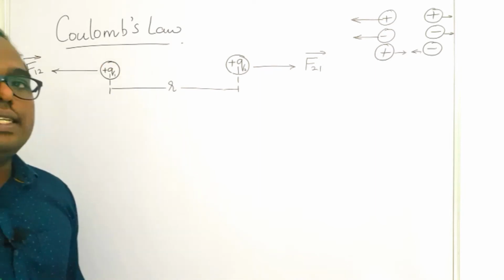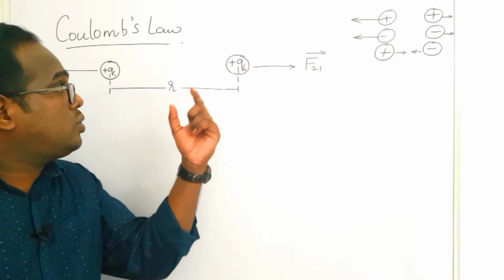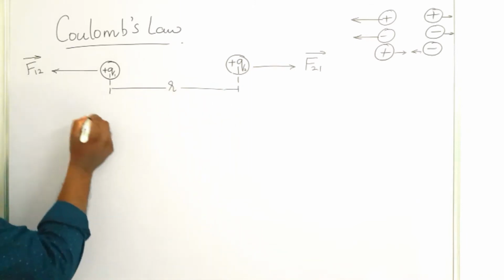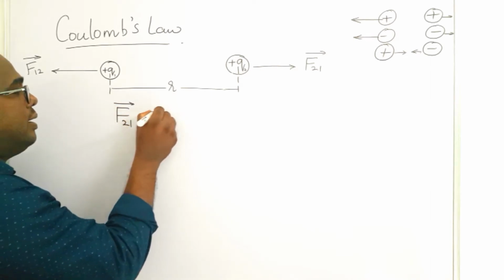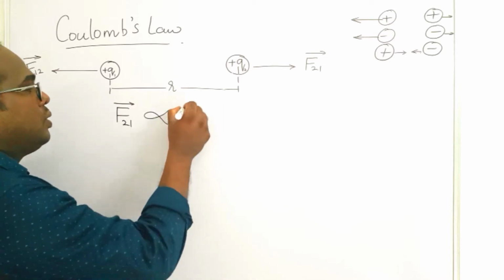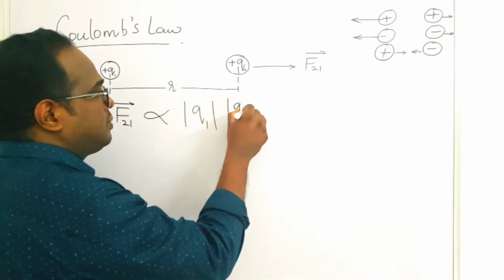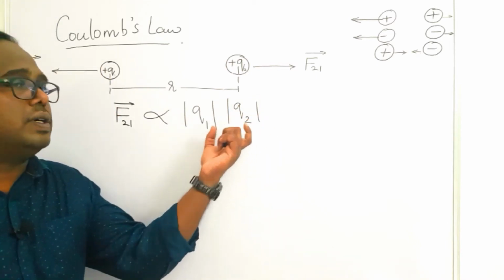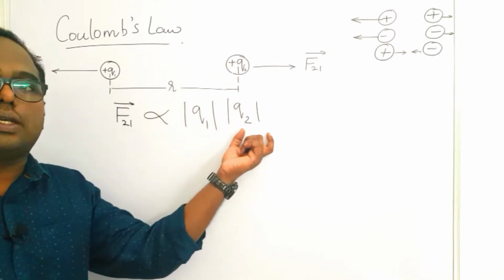So Coulomb states that the force of attraction or repulsion between any two point charges is directly proportional to the product of the magnitude of the charges. You don't need to put the sign of it, put the magnitude of the charges.